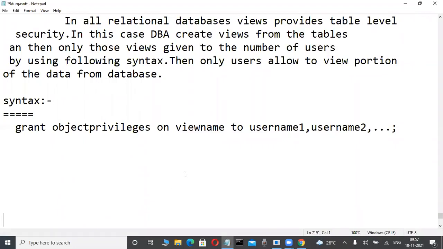GRANT object privileges ON view name 2 TO username 1, comma username 2, like this for a number of views also.